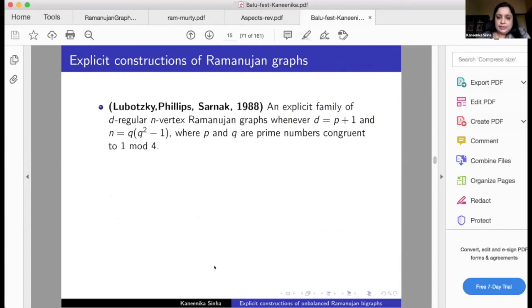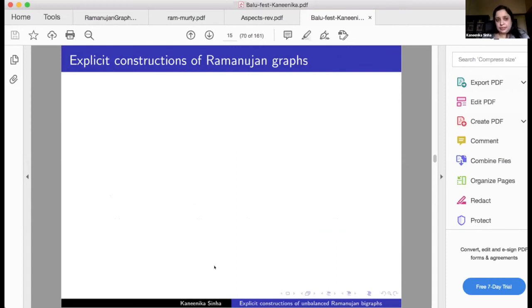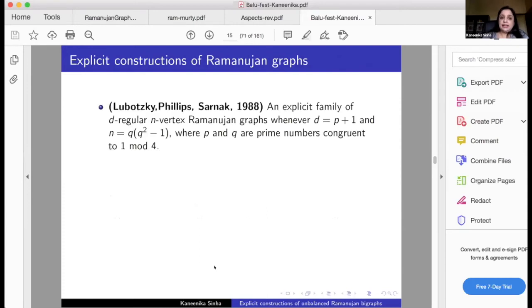Now in the context of Ramanujan graphs, there are some explicit constructions, and these constructions are very closely related to extremely important theorems in number theory and representation theory.